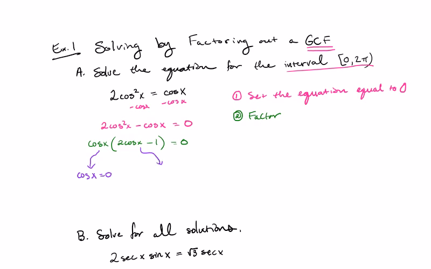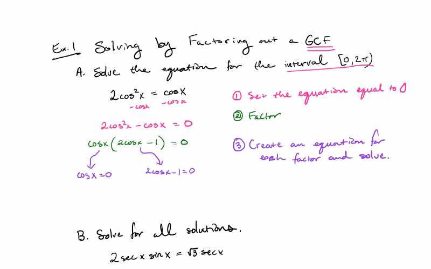And if I can figure out when this factor, 2 cosine of x minus 1, equals 0, then I don't care about what the cosine of x on the outside equals, because 0 times anything is 0. So we're going to set up two equations, one for each factor, and solve.